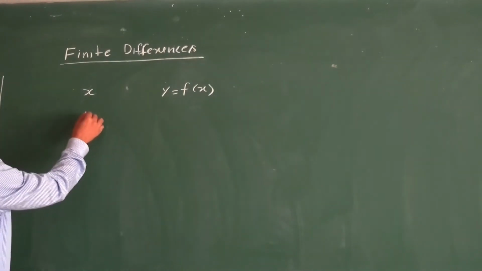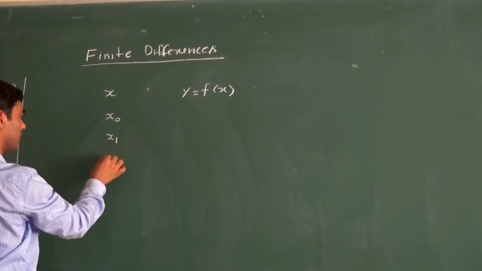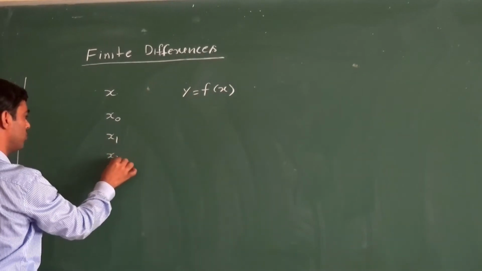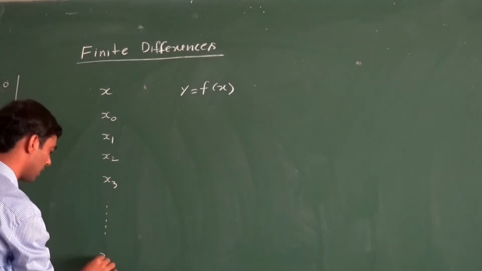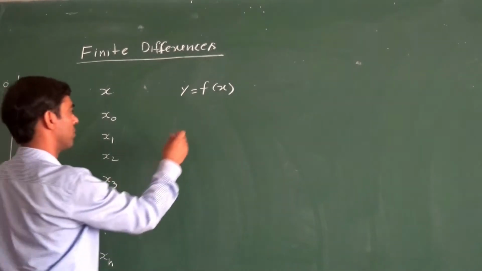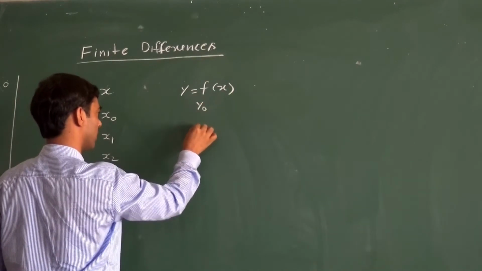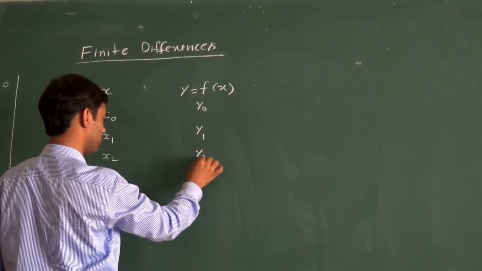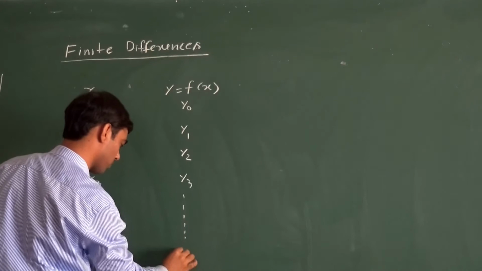Now for different values of x: x0, x1, x2, x3 up to xn, the values of y will be y0, y1, y2, y3 up to yn.